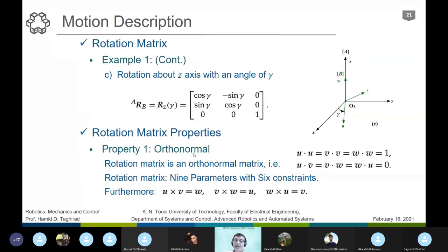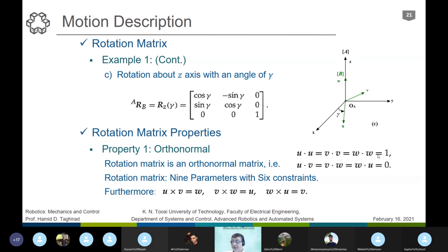Yes, it is quite easy since there is u, v, w, so u dot u is always 1, v dot v is always 1, and w dot w is 1. This is the normality. And u dot v, they are orthogonal, so 0. This is because we are using Cartesian coordinates. If we are using Cartesian coordinates, they are perpendicular to each other.